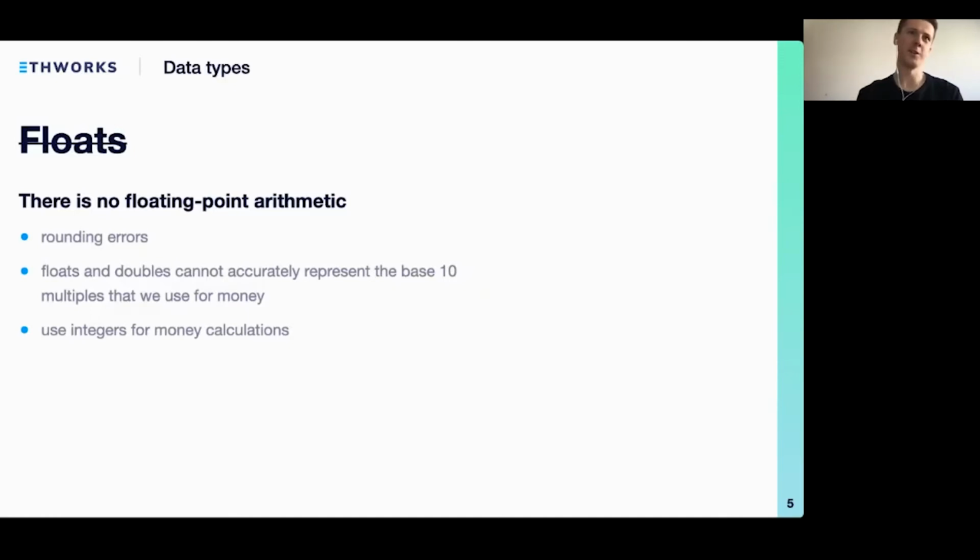As we all know, floats have problems with rounding errors and basically cannot accurately represent base 10 multiples that we use for money. That's why for money calculations, we prefer to use integers. And we have such big integers so that we can safely represent any precision that we use for digital currency.